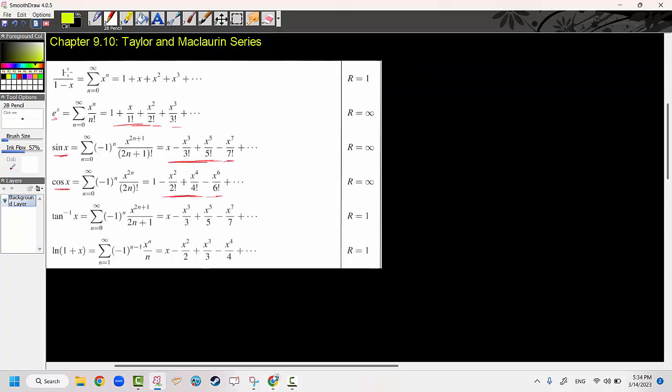Well, I'm going to take this top guy up here, this 1 over 1 minus x, and I'm going to write him down right here. I'm going to say f of x is equal to 1 over 1 minus x. And then, in a different color here, I'm actually going to write a polynomial counterpart to him.